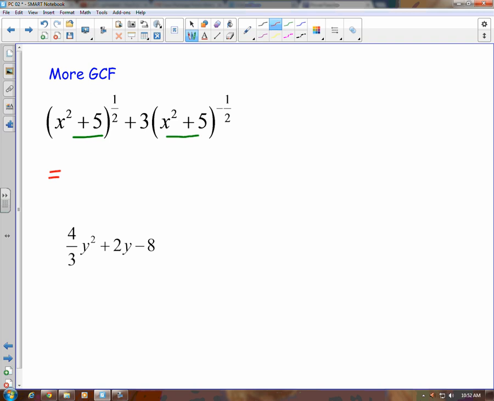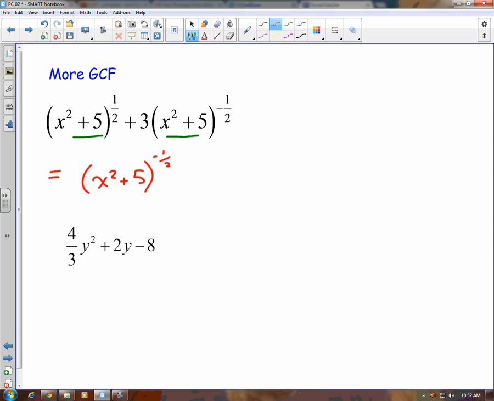Okay. So what's our common factor in the whole thing here? Okay, so x squared plus 5, right? It's that binomial. And what was the exponent? Okay, is that the smaller of the two exponents? To the negative 1/2.